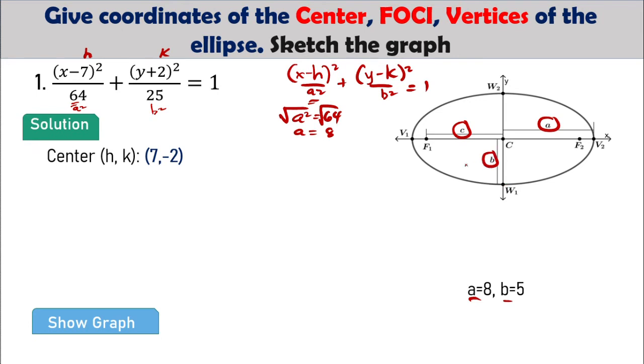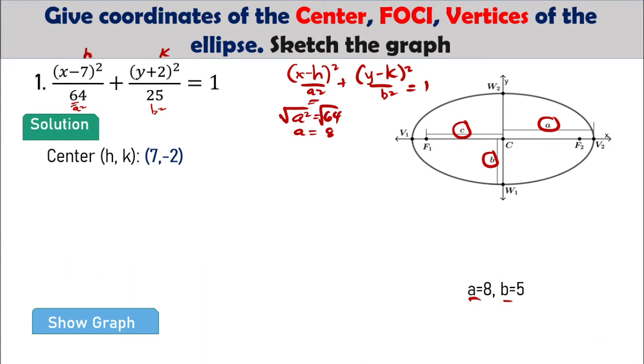Okay. So, dapat familiarize nyo yung mga notation. So, yung V sub 1 is the vertices, F sub 1 is the focus, W sub 1 is the co-vertices. Tapos, yung C naman is the center. Alright.